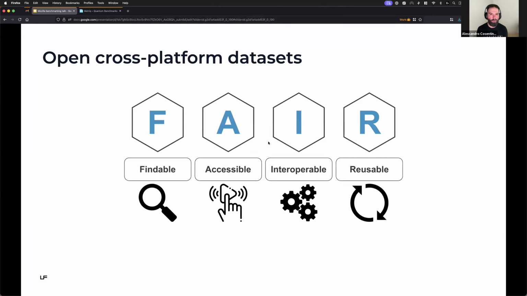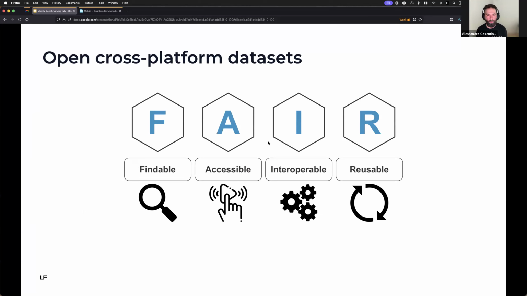What we also need is open datasets. We need to have it transparent somewhere where everyone can find it and use it to analyze it. They can slice and dice the data sets and do their own analysis.